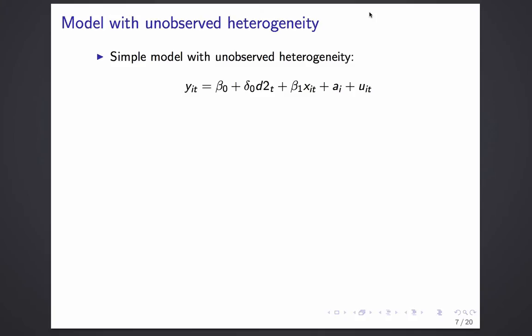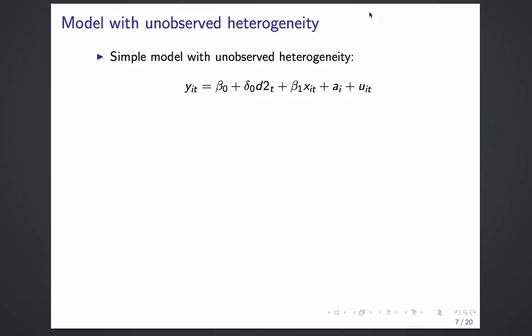On the right-hand side of the equation, we have our usual intercept as denoted by beta naught. Then the second element is a time dummy, which is equal to 1 for the second period and 0 for the first period. That means that in the second period, this regression model will have an intercept that's the sum of beta 0 and delta naught.